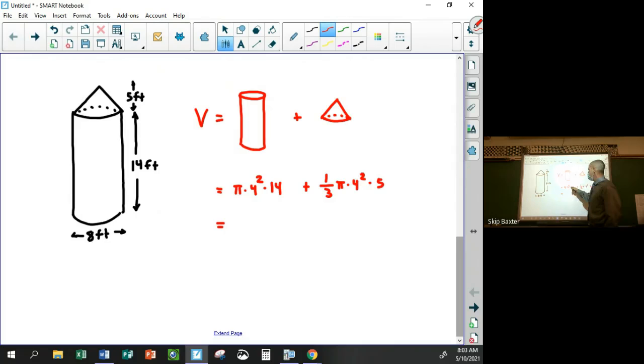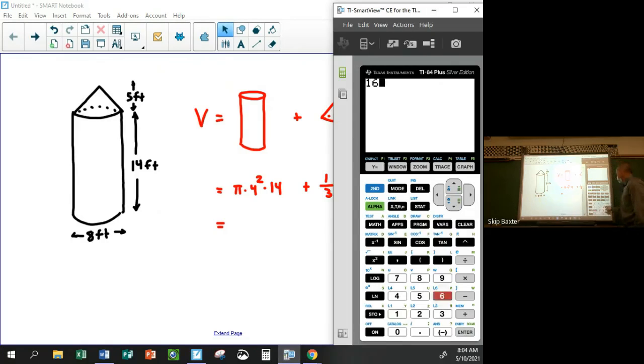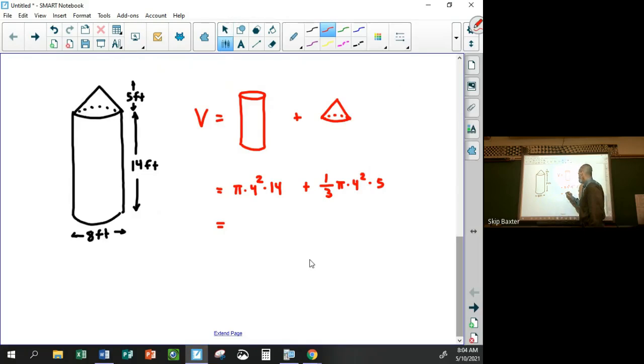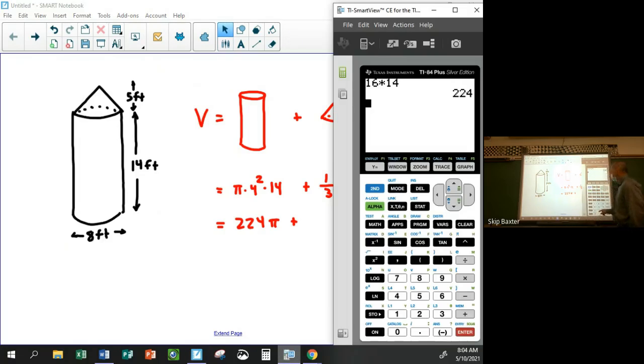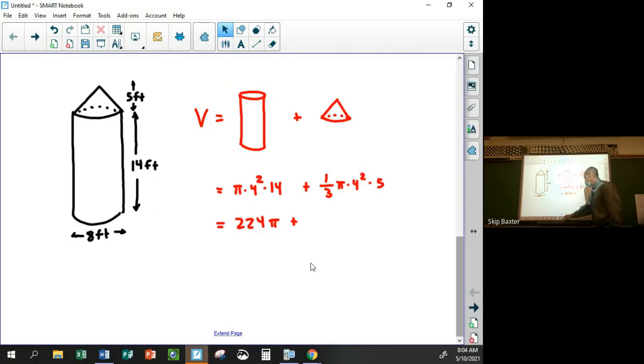So here I have 16 times 14, which is 224. This is 224 pi. And this is 1/3 times 16 times 5. That's not going to go evenly, but 16 times 5 is 80, so it's just 80 over 3 pi.